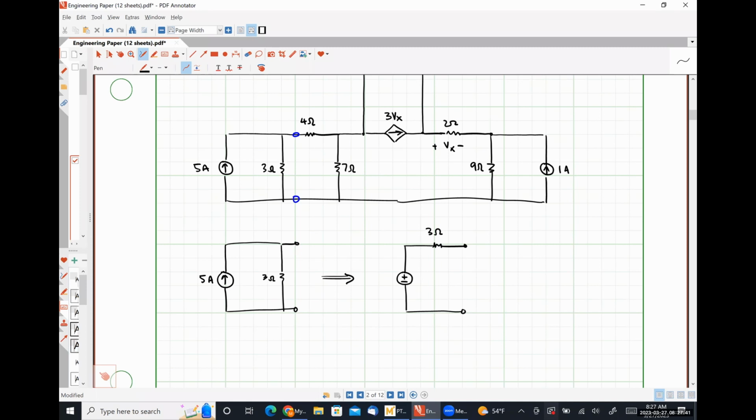So 5 amps times 3 ohms is just 15 volts. These 2 sources are electrically equivalent.